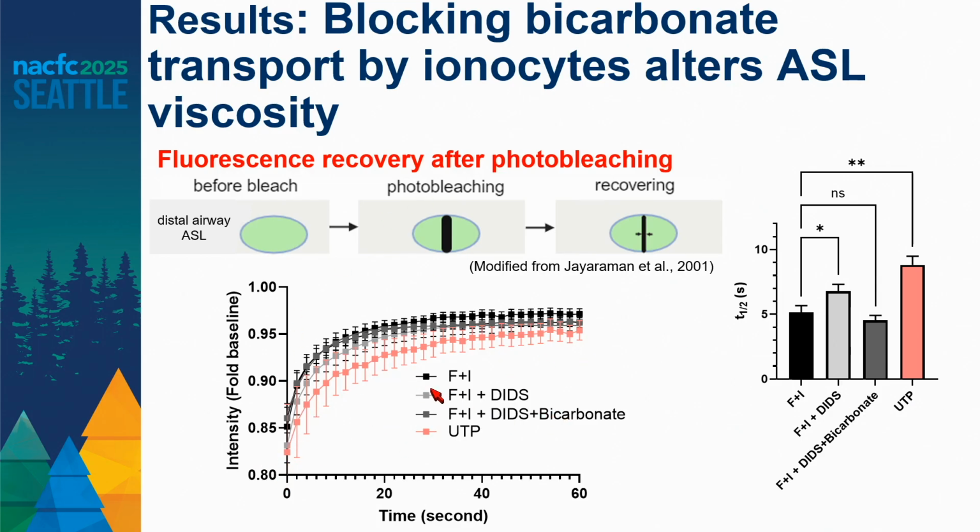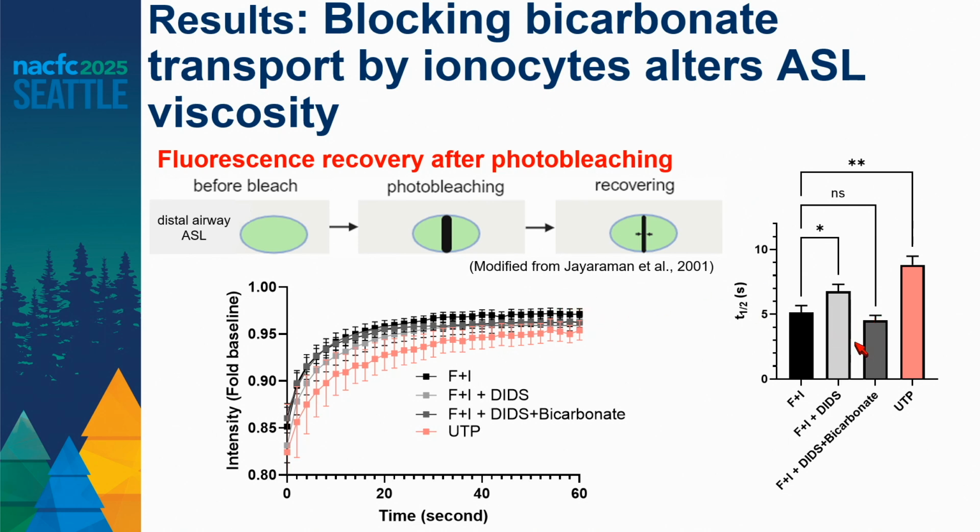So we collected the ASL from forskolin IBMX stimulation. The half time of the recovery is about 5 seconds. However, if we block ionocyte function with DIDS, there's an increase in recovery time. So this indicates that the ASL collected from that condition is more viscous.